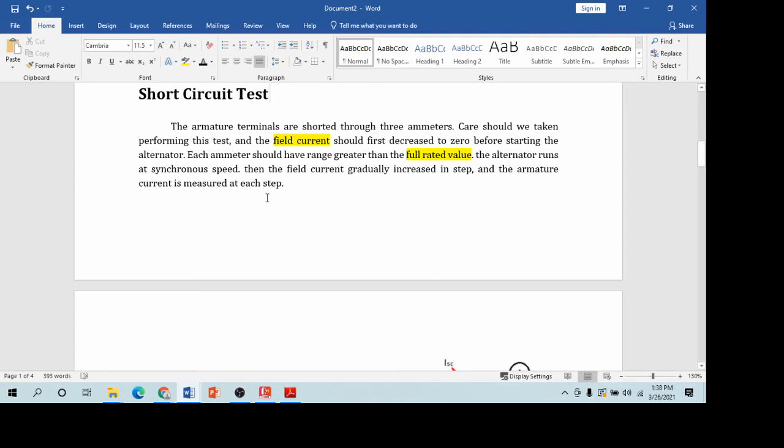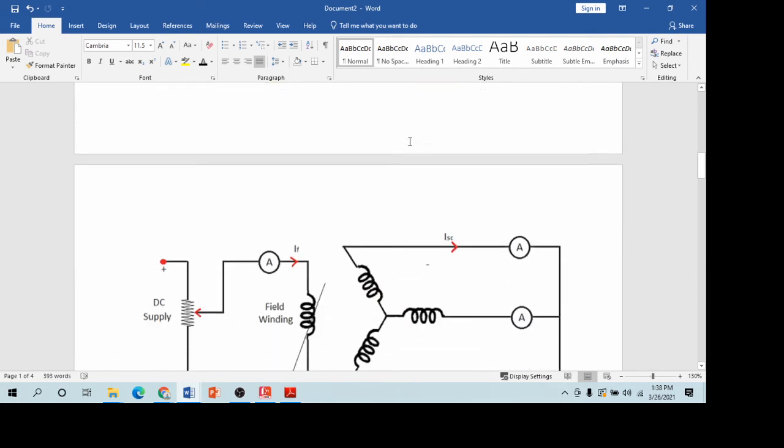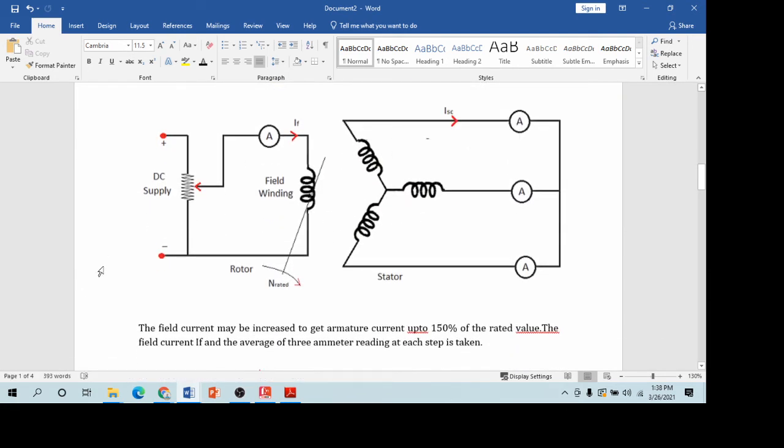The alternator runs at synchronous speed. Then the field current is gradually increased in steps, and the armature current is measured at each step. That is the short circuit test. This is how you short the lines. You have a DC supply with a controller.